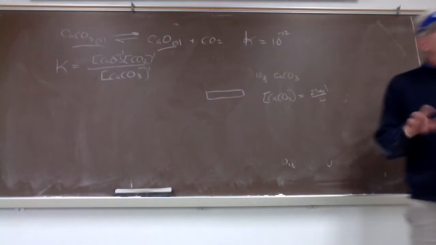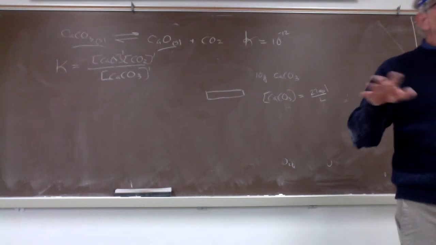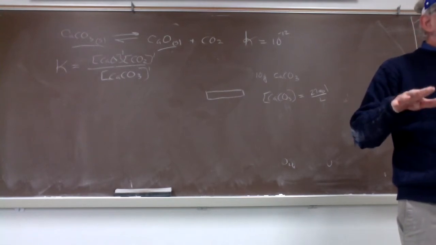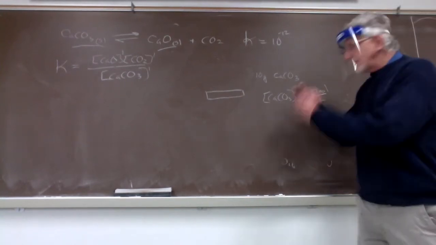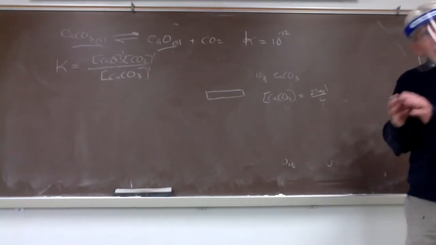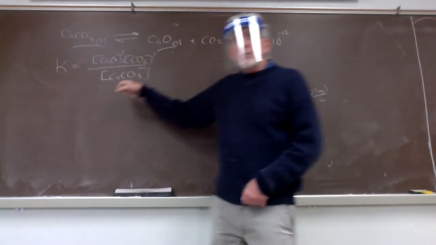And that's true for any pure solid. The concentration, as long as the temperature and pressure remain the same, does not change regardless of how much you have. Whether you have 100 grams or 10 grams or a half a gram, the concentration of a pure solid will always have the same value. And we don't put that into the equilibrium constant.